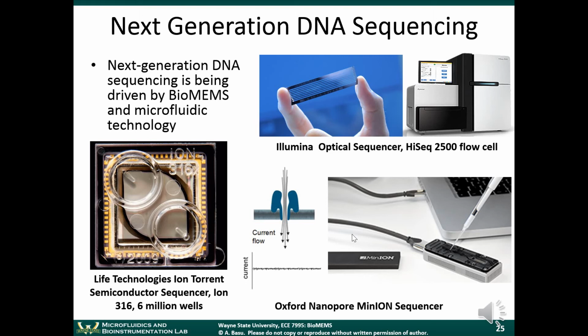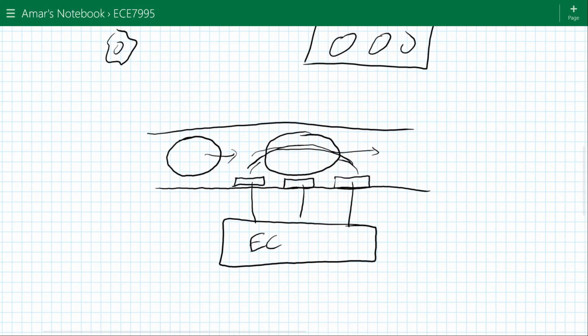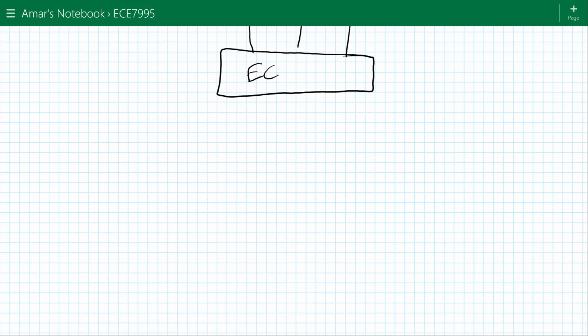You can think of DNA as having a language. There are 4 different types of bases: A, G, C, and T. They're 4 different molecules, and the DNA is a strand. I'm going to make a very crude diagram here so you get the idea. The DNA is composed of a backbone like this, and along this backbone there are different bases attached.